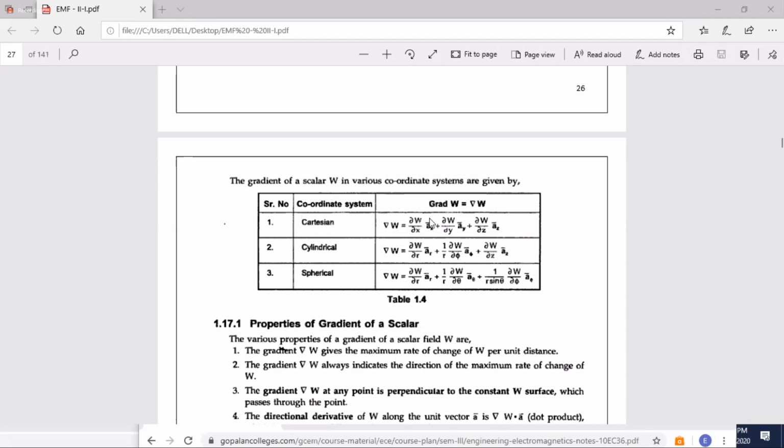So it would be the gradient of your vector in all three directions. And similar for the cylindrical and the spherical.